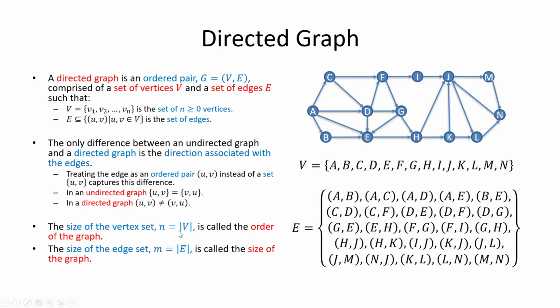We'll call n the order and m the size, although I mentioned the size is ambiguous, so I don't really like that. Often, if I can, I won't even go to n and m. I might just leave it as size of V and size of E. That makes it very apparent to the reader what we're talking about.